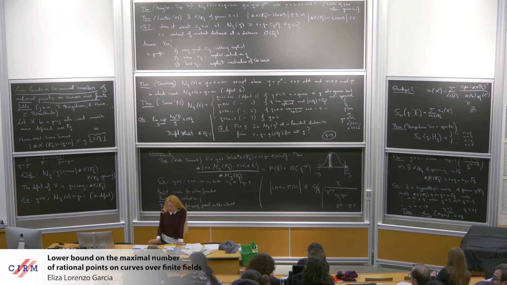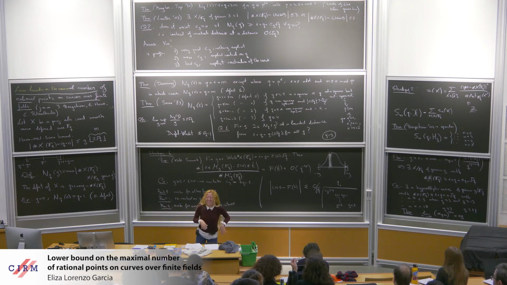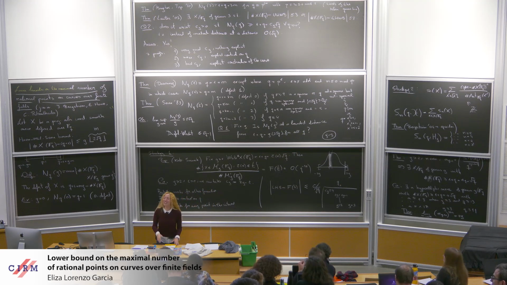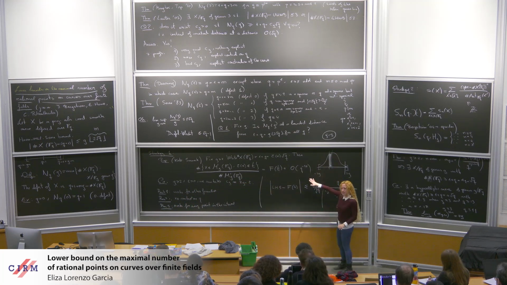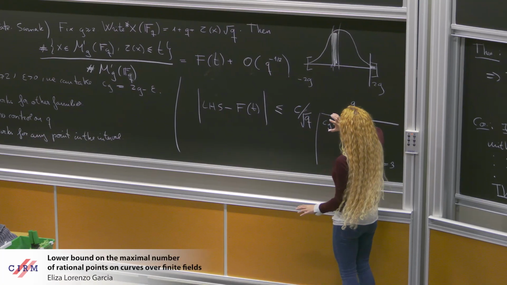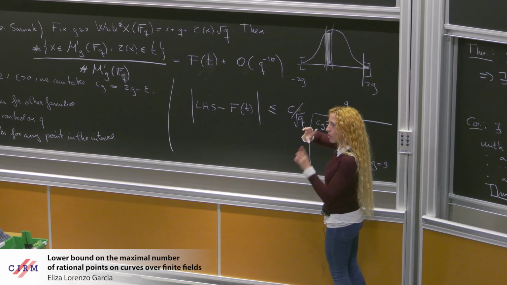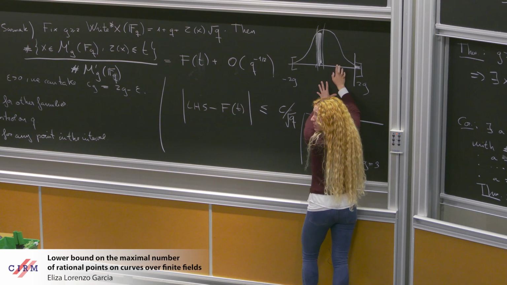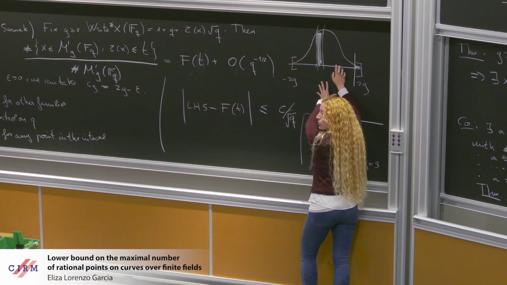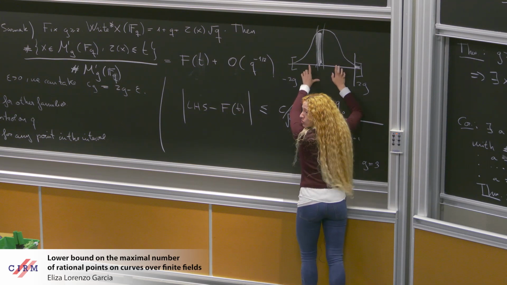And yeah, I mean, I don't want to say too much because I want to keep it for the conference in May, where we can give another talk. But I can tell you a little bit more. Basically, the idea is that the distribution looks like this. This is Katz-Sarnak, more or less. So what we do is that we consider now the distribution. You consider the number of curves with trace t minus the number of curves with trace minus t.